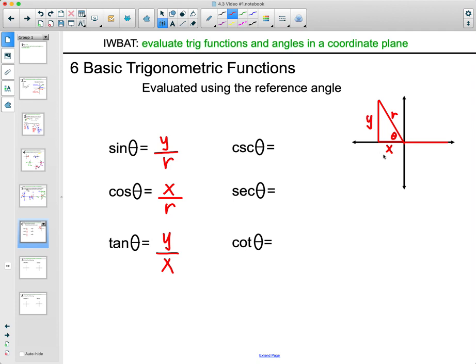Then for the reciprocal functions, just flip those over and you'll have them. Now you're going to end up with positives and negatives in here depending on which quadrant this is in. In this case, this would have been a negative x and a positive y in the second quadrant.